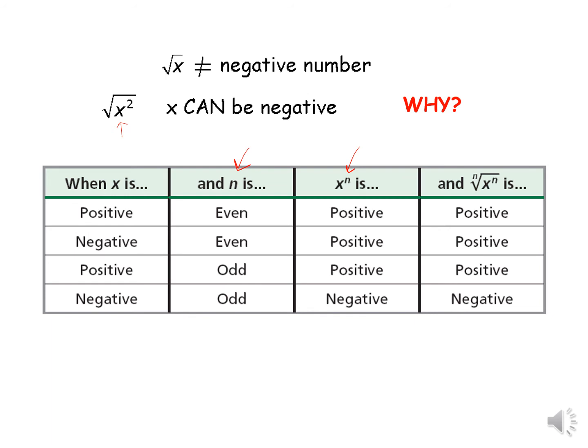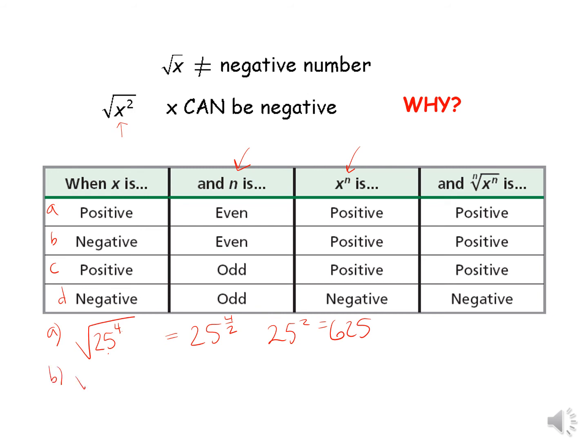So for the first one, we'll just call these A, B, C, and D. So for A, I came up with the example of 25 to the 4th. So I have a positive number here, an even number here, and the exponent is the same, so it's also even. So then that would be 25 to the 4 over 2, which is 25 squared, which is 625. And that is a positive number.